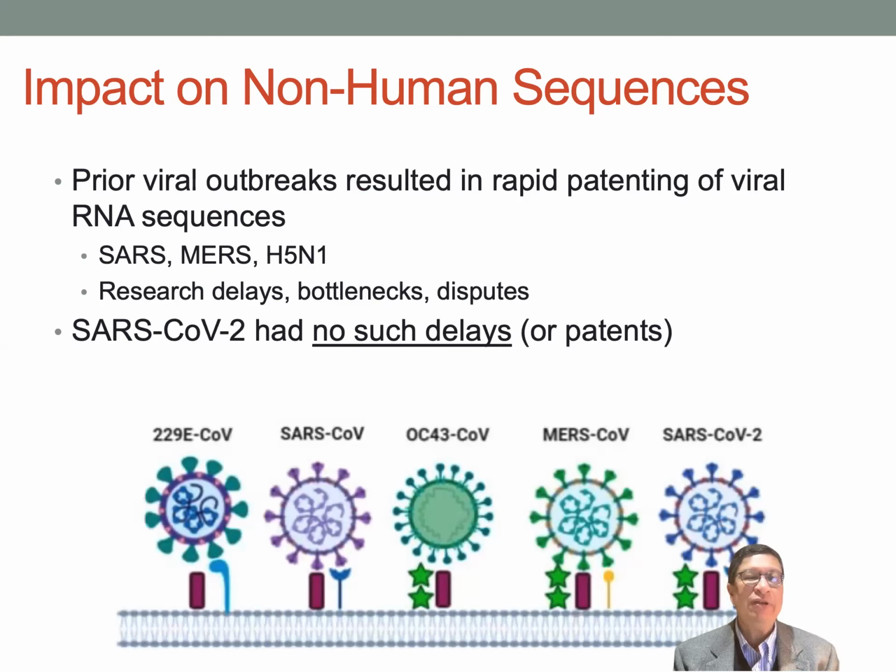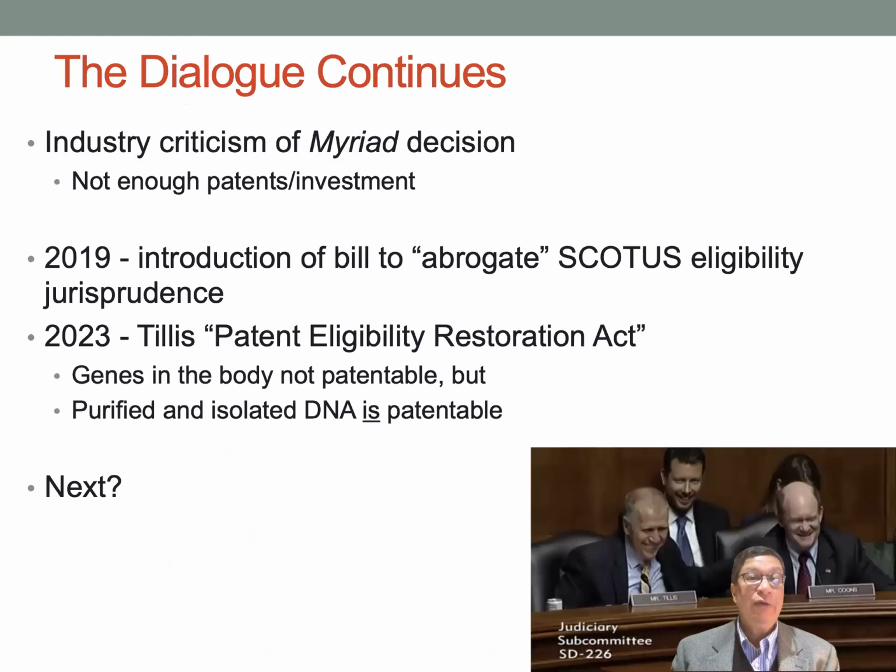None of that happened with the sequence of the SARS-CoV-2 virus that caused COVID-19. Researchers collaborated very rapidly. The sequence was put up on GenBank extremely soon. No patents were applied for, as far as we know, and none have been granted on the basic genomic sequence of this virus.